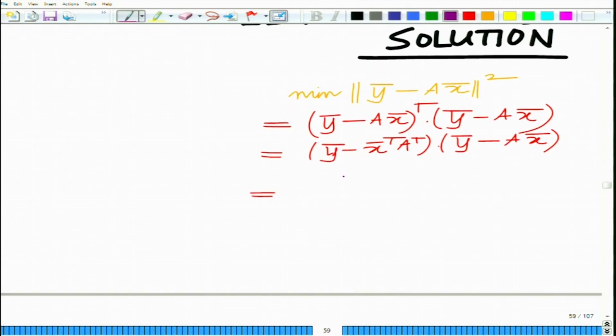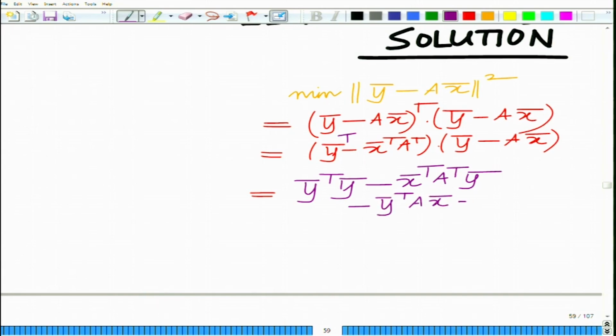which is equal to y bar transpose y bar minus x bar transpose A transpose y bar minus, now this has to be transpose, minus y bar transpose A x bar plus x bar transpose A transpose A x bar.